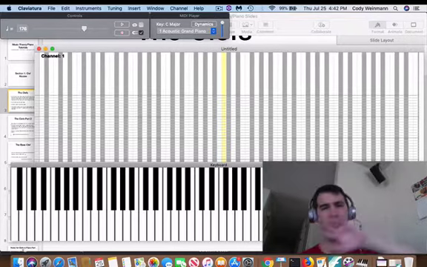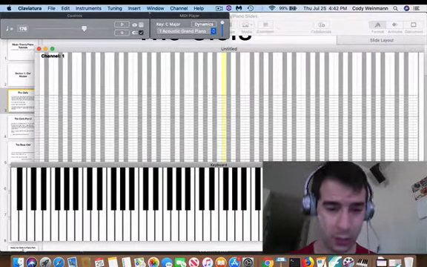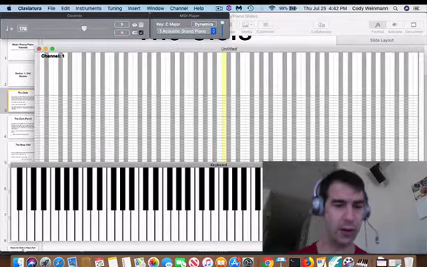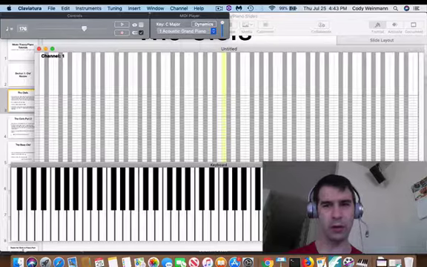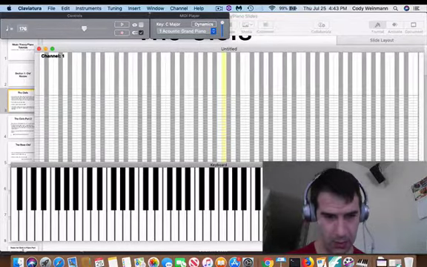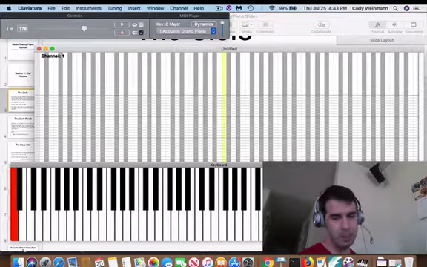So you've got the whole entire range covered. All right? And the reason why I went through all of those is because each octave is usually given a number. For instance, the lowest note, A, this is A number 1.